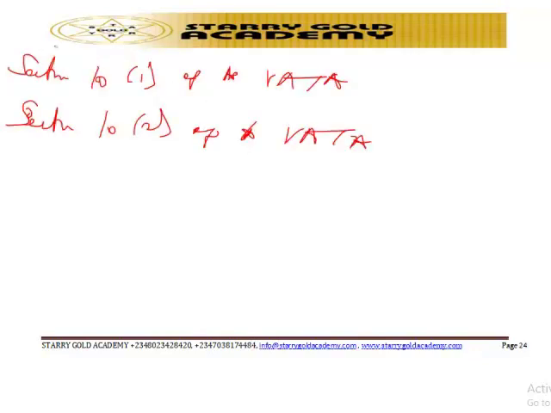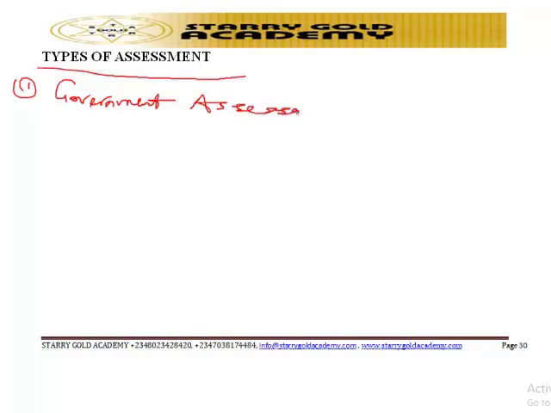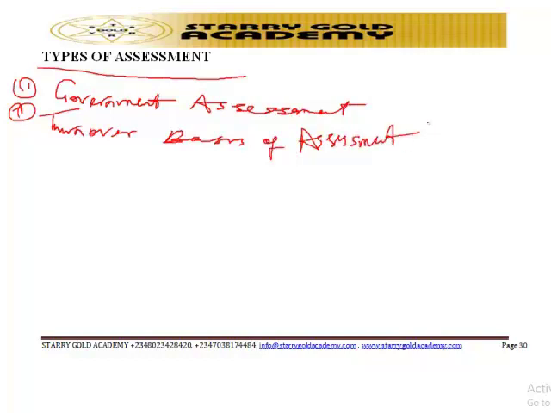Okay, so we have 1, government assessment. 2, we have the turnover basis of assessments, and I also have the best of judgment assessment, otherwise known as BOJ assessments.